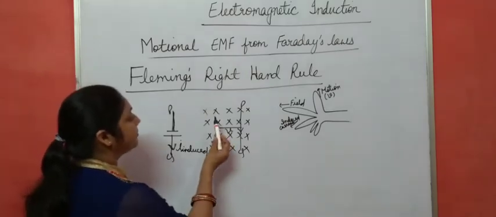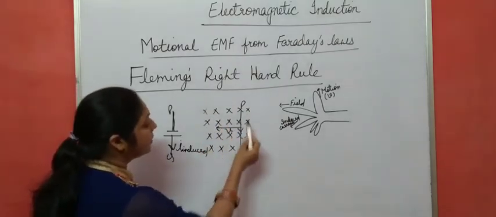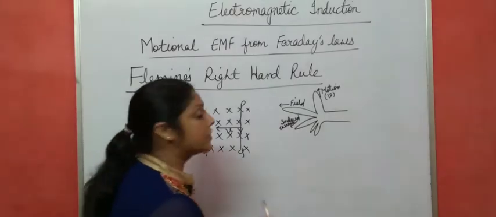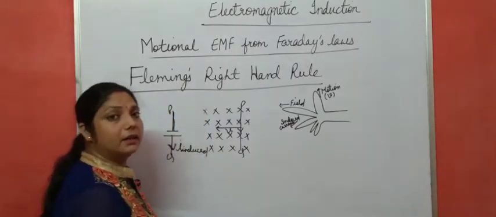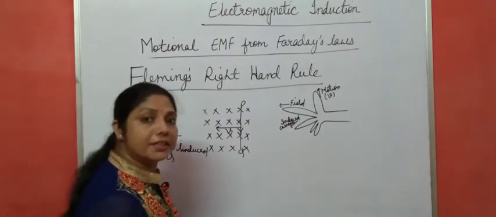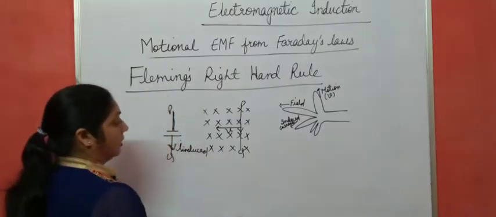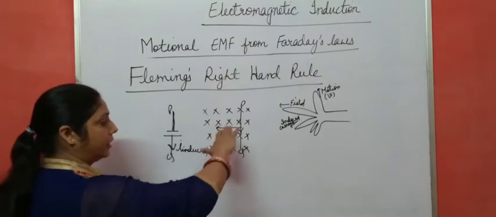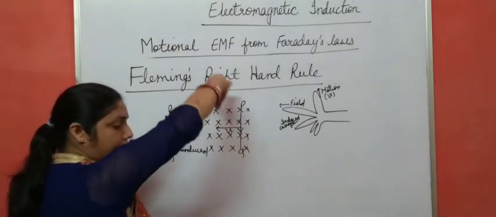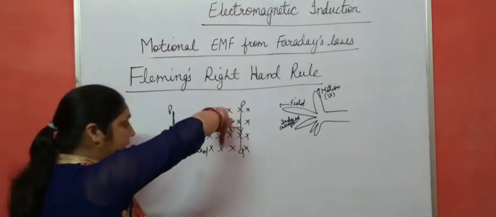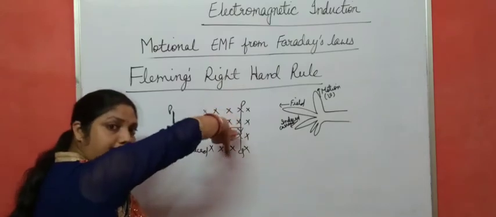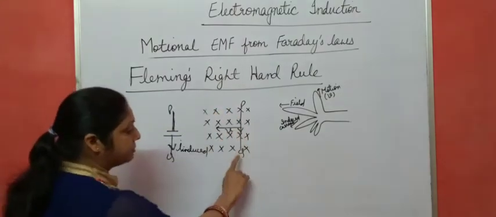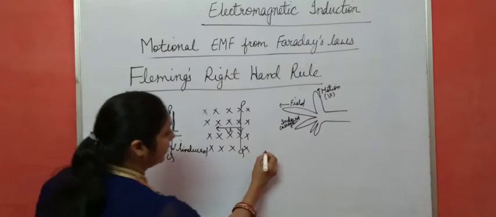Now again, this induced EMF, motional EMF, is also explained by using Lorentz force. If the field is inward and the motion is this side, what is the direction of force? Downward. It means this is the direction of positive charges. Positive charge moves towards this side, right?